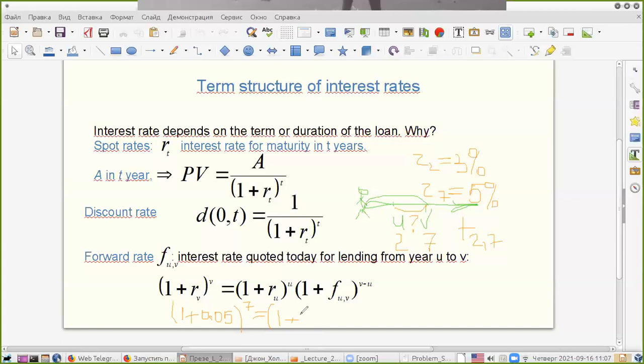Plus 3%. Yes, 3%, and to the power of 2. Yes. And multiplied by 1 plus f from 2 to 7. And what is the power? 5. 5, yes. So I think you understand, yes?